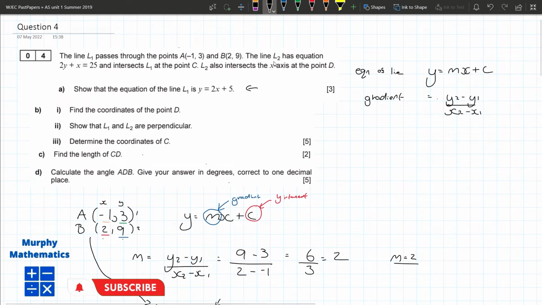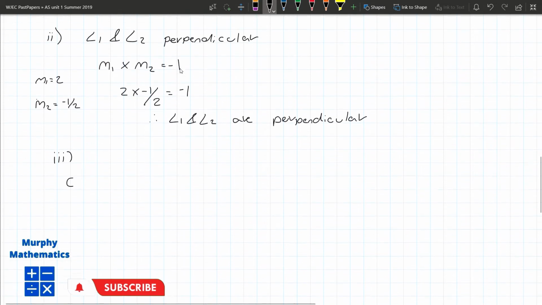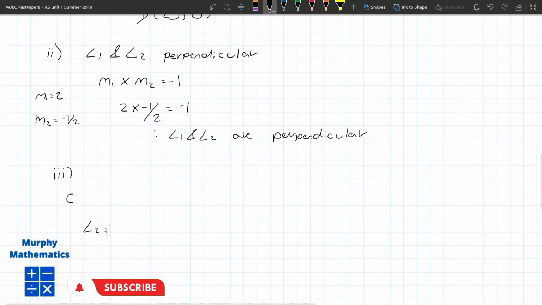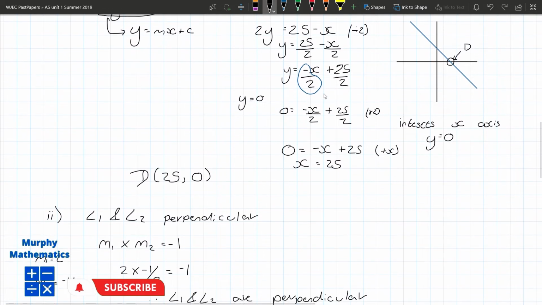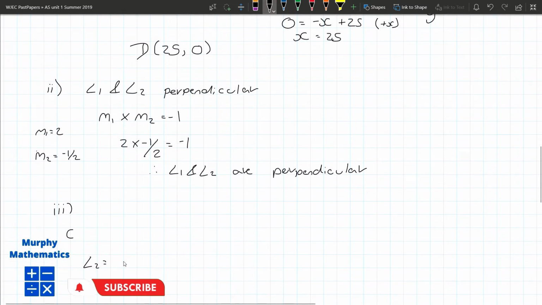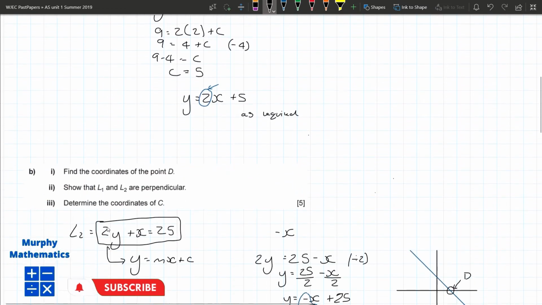We're told line 2 has equation 2y plus x equals 25 and intersects L1 at the point C. So we need to find the point in which L2 and L1 meet to get point C. So our line 2, we rearranged it here, so we've got y equals minus x over 2 plus 25 over 2, and we've got L1, which we worked out to be y equals 2x plus 5.